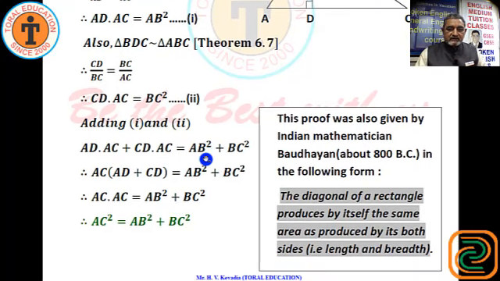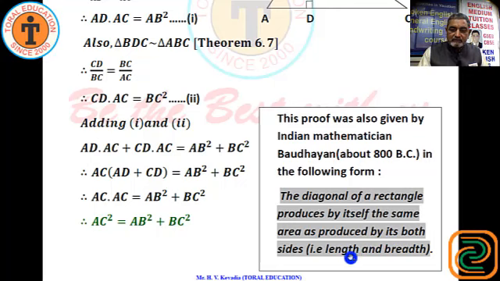Now I have written here something for your knowledge. This proof was also given by the Indian mathematician Bodhayan about 800 BC in the following form. तो उसने क्या फॉर्म दिया था? तो कोई भी रेक्टेंगल होता है, the diagonal of a rectangle produces by itself the same area as produced by its both sides.